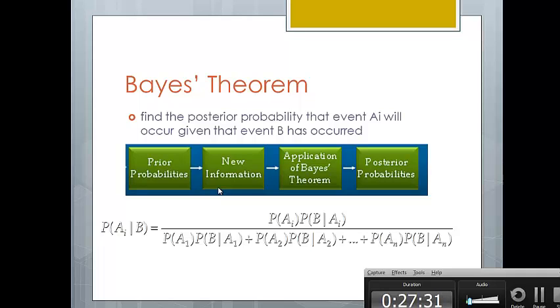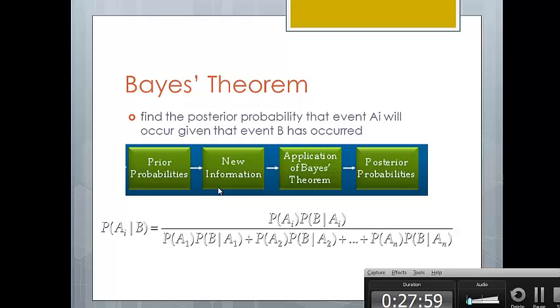So it finds the posterior probability that event A_i will occur given that event B has occurred. So we have old probabilities or prior probabilities. We're given new information. We apply Bayes' theorem and we come up with the posterior probabilities, or new probabilities, given that new information has been added.